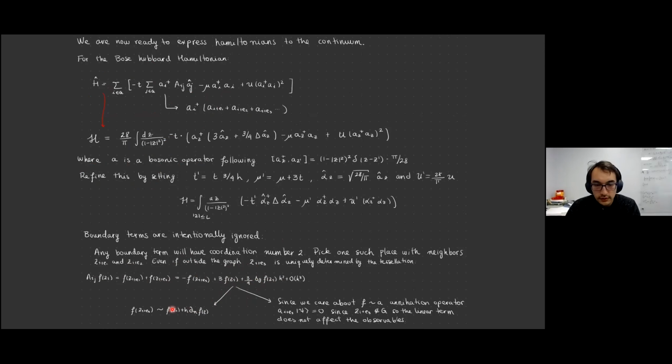But if you expand this in powers of h to first order, you will get this, which you can add to the definitions of the functions, but you notice that it will be linear in F. And since we're interested in F being a destruction operator, if we act with this Hamiltonian on any state on that graph, since this term is outside the graph, acting with it on the wave function will just give 0.